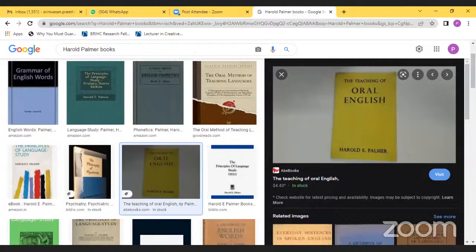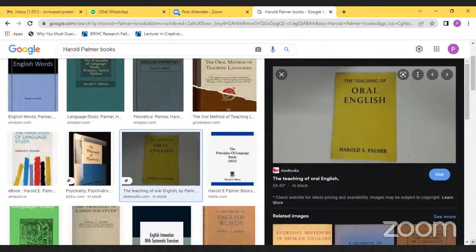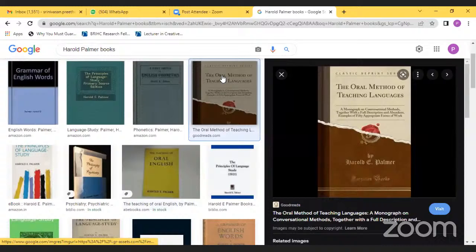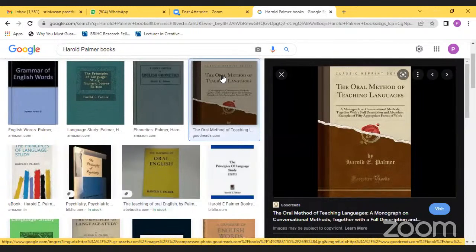Can you see that? And then the oral methodology in teaching languages. If you look at the dates, Palmer 1877 to 1949, and Hornby, 1898 to 1978, he comes 20 years later after Palmer.